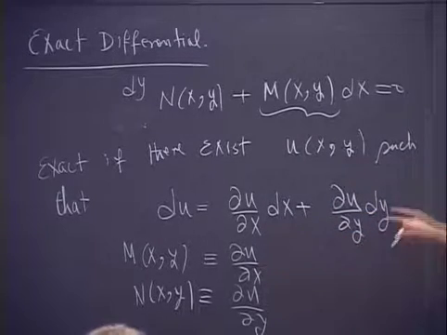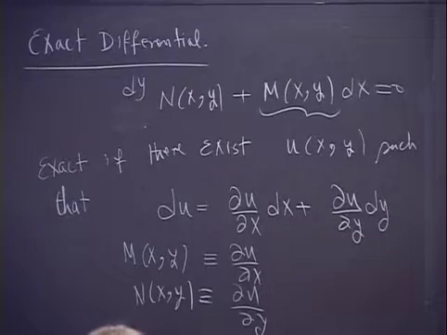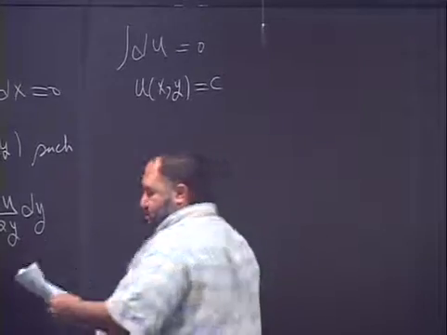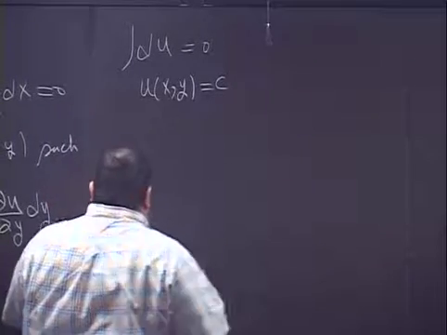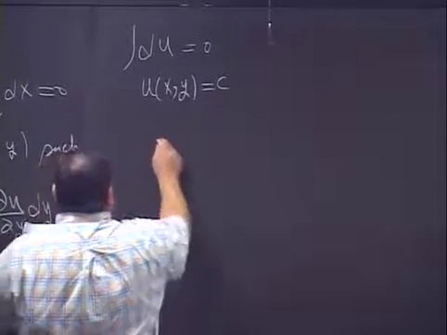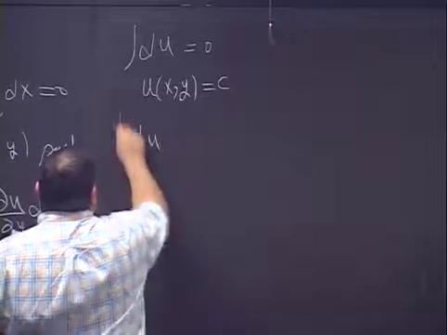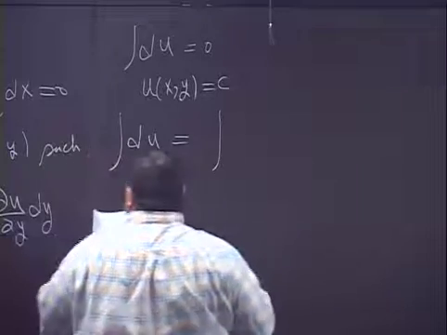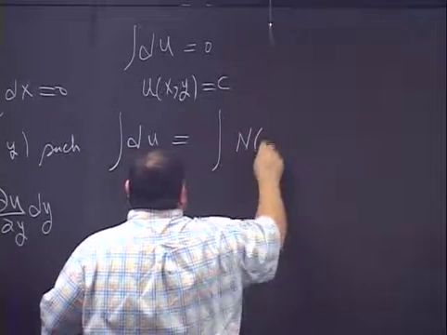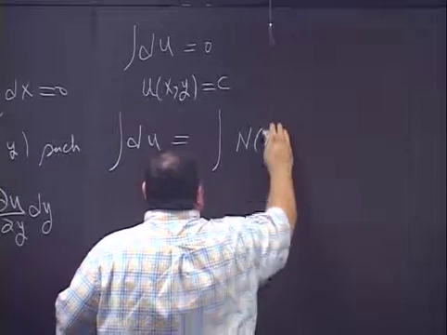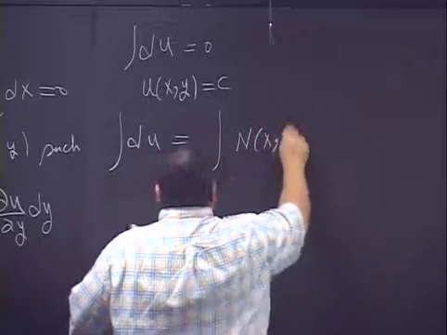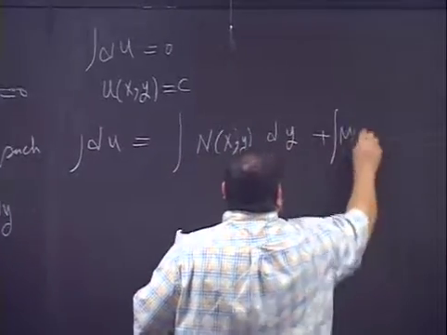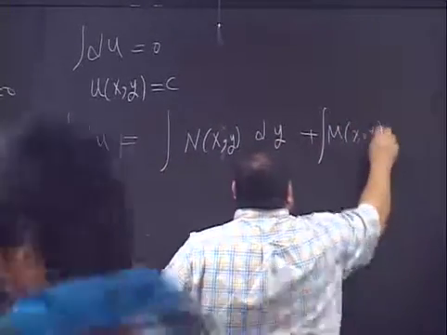Then we can solve it as the integration of du equal to 0, which means u equals a constant. So du is N(x,y) dy plus M(x,y) dx.